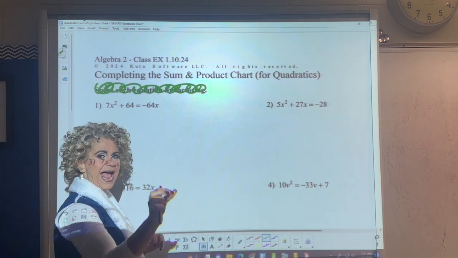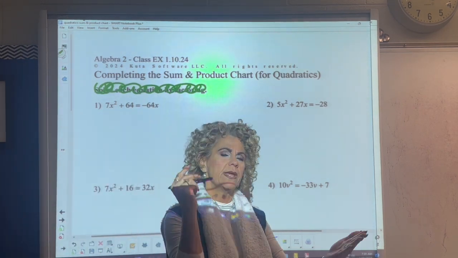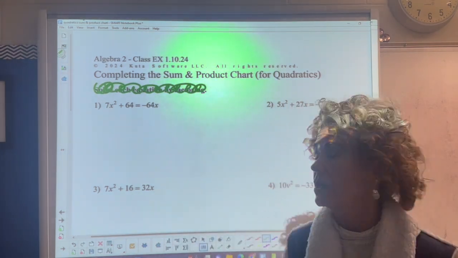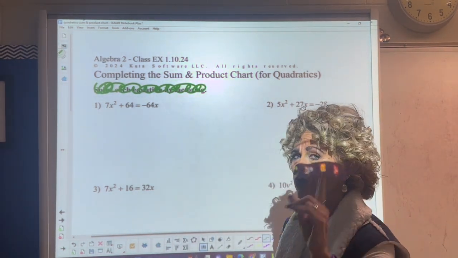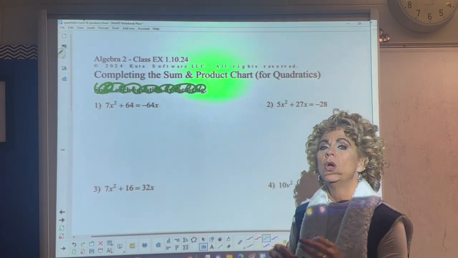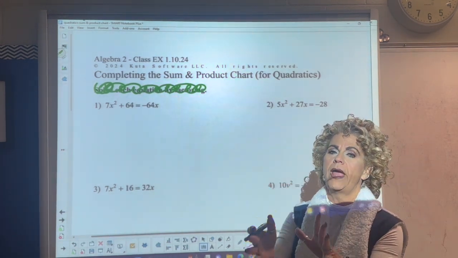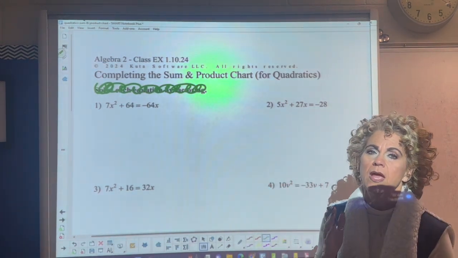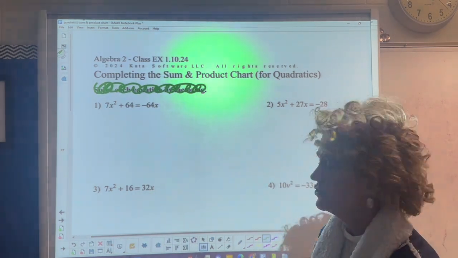Before we can set up the sum and product chart, and you need to know this, one side has to be 0. We have to have one side of our quadratic equal to 0. You need to listen closely. We want to always work with a positive leading coefficient on our quadratics.